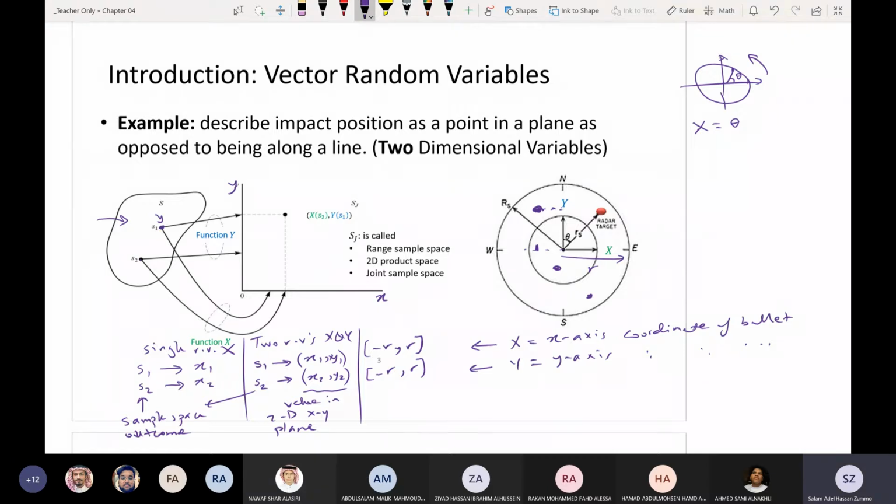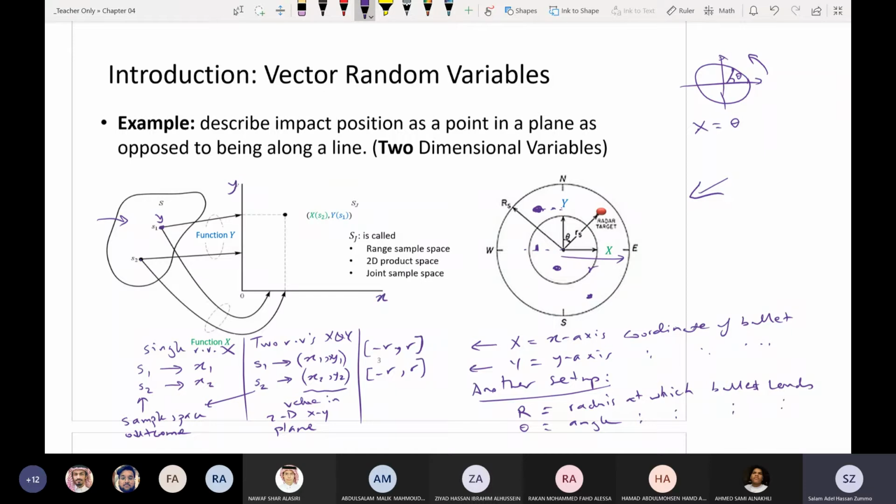Yes. Instead, in this particular example, you can define another two random variables. If you are interested in the location of the arrow that lands in this two-dimensional plane, you can define R, which is the radius at which the bullet lands, and theta is the angle at which the bullet lands.